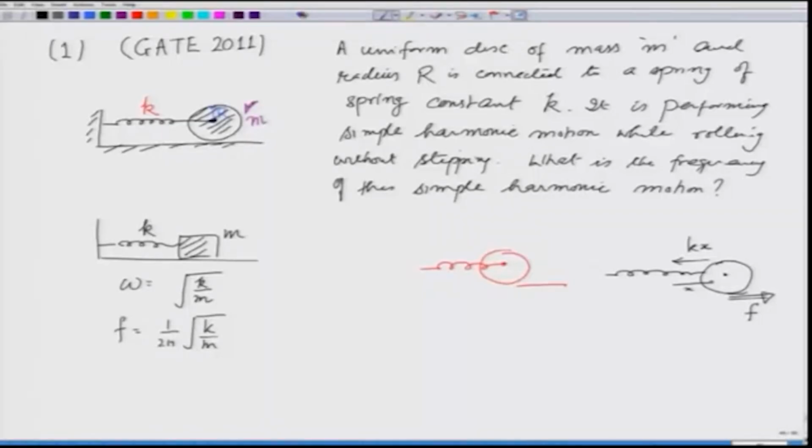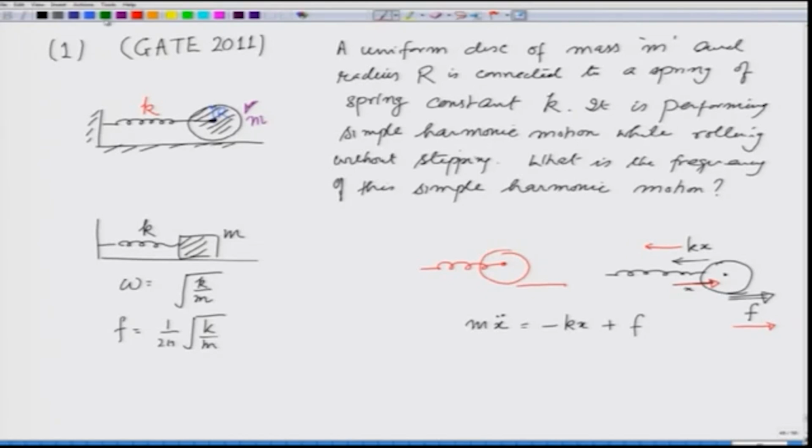So, when the disk is displaced by x, I am going to have m x double dot is equal to minus kx plus f, because you see the way we have made it, x is going to the right, kx force is to the left, and frictional force is to the right when it has a tendency to come in. So, mx double dot is equal to minus kx plus f.